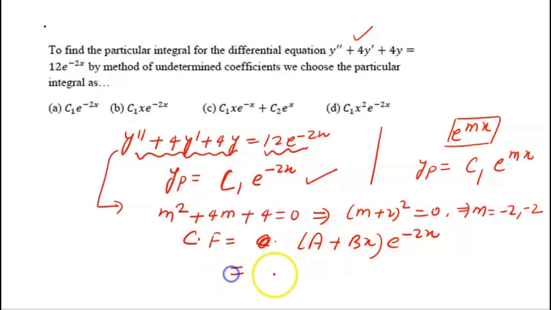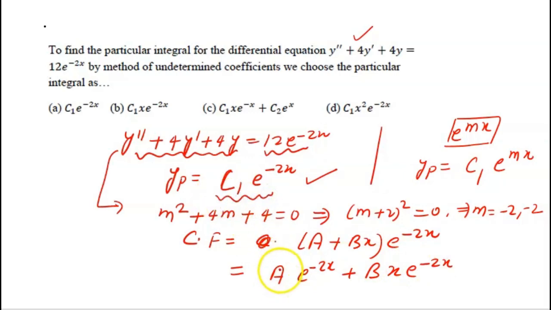So if you look at the complementary function, it has two terms: a e to the power minus 2x plus b x e to the power minus 2x. And if I take this as the trial solution, we realize that a similar term is also present in the complementary function. Only thing is that both of them are arbitrary constants, but the term is same, e to the power minus 2x.